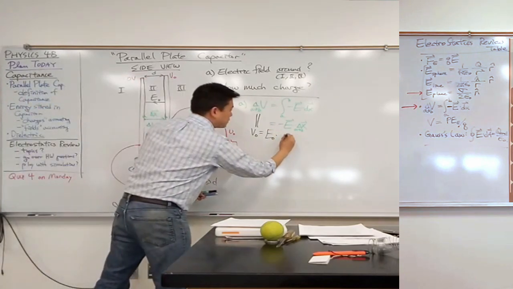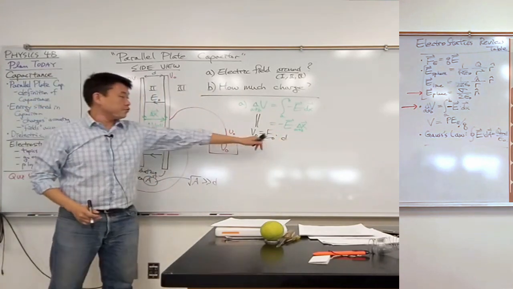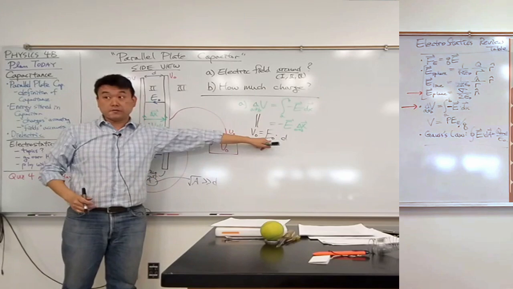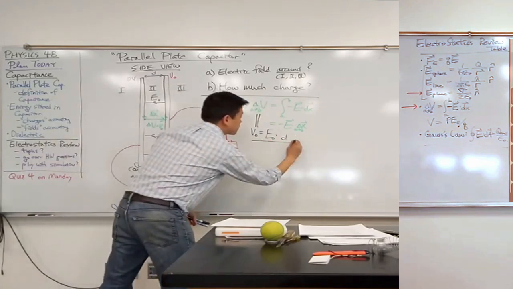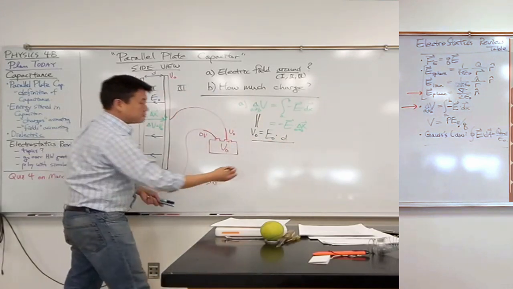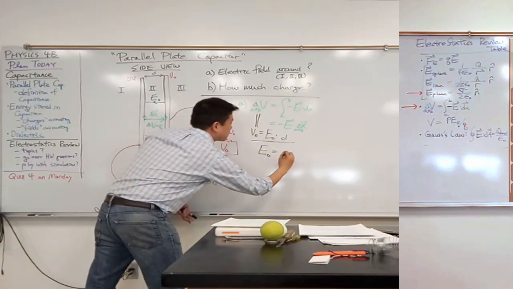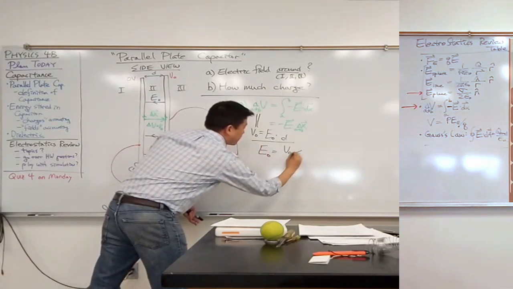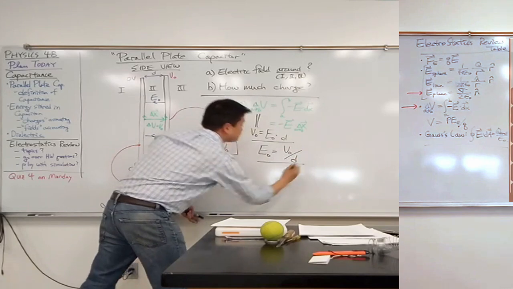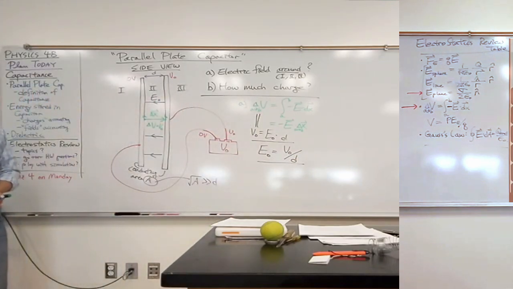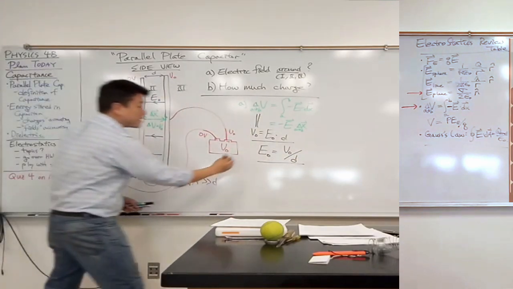Here I'm dropping the signs because I just want to know the magnitude of the electric field. But this is a correct expression. So in the end you get a really simple expression: E naught is equal to the voltage difference divided by distance. Good. It's a really simple answer.